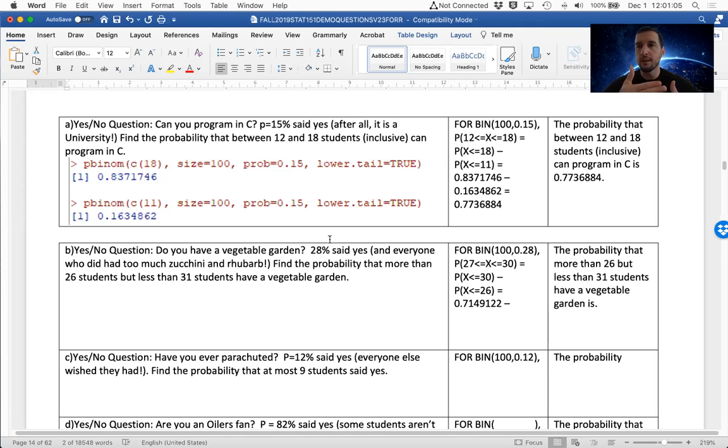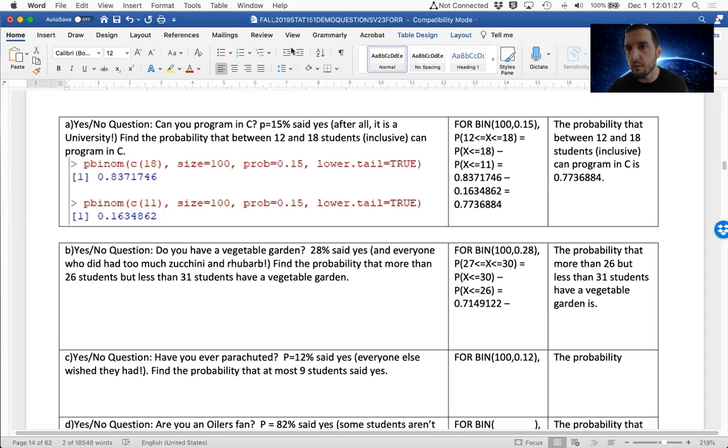Every single student is independent, and every student is asked the same yes or no question. So every student can only contribute yes or no, which is a Bernoulli outcome, this thing or the opposite. So in this question, we want to find the probability that between 12 and 18 students inclusive can program in C.